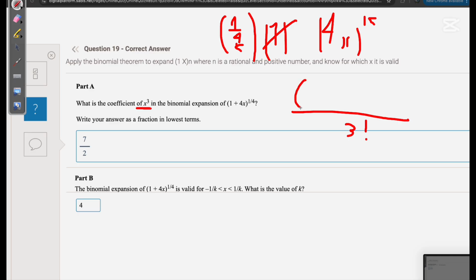So we're gonna do 1 over 4 times 1 over 4 minus 1 times 1 over 4 minus 2 over 3 factorial, all of that times 4 cubed.